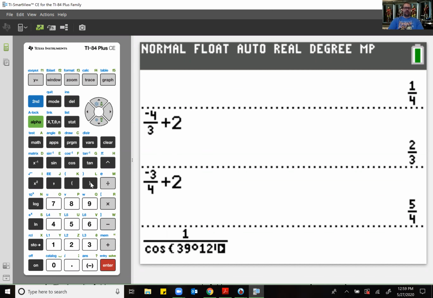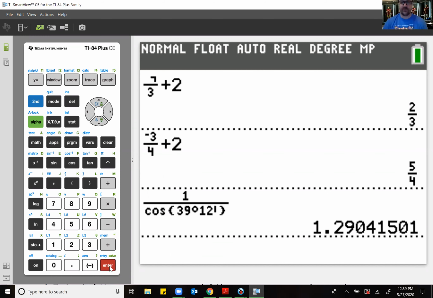Enter, close, scroll out to the side. That right there is secant 39 degrees, 12 minutes. We need 8 decimals. So this will be 1.29041501.